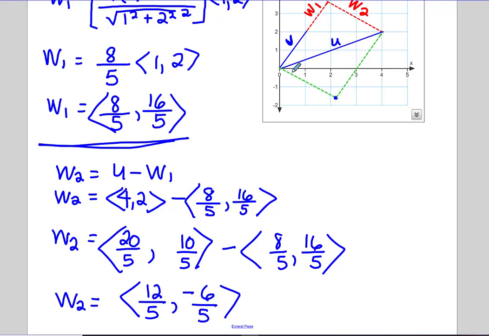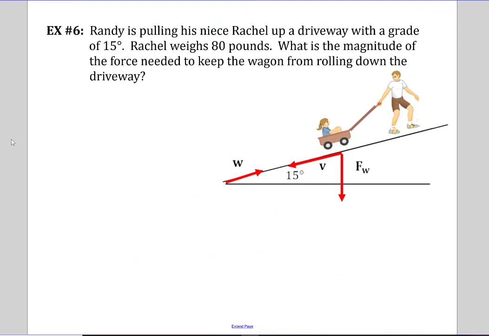That's this one, isn't it? So this is W sub 2. W sub 1 finished off my vector that created that length. And W sub 2 was the diagonal to get our resultant. So components of a vector, breaking them apart into each piece. Those will come in handy in physics when you're figuring force and things like that.